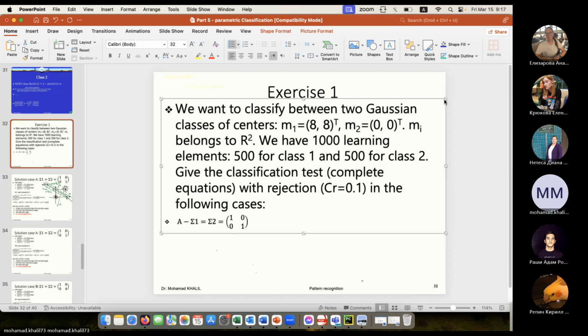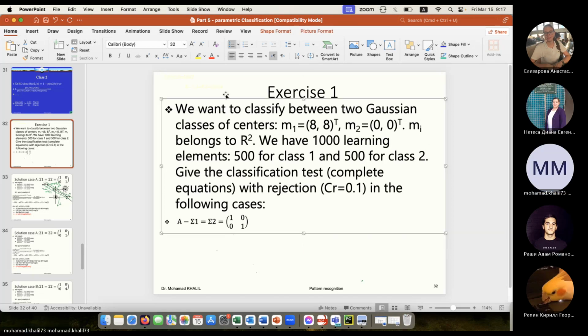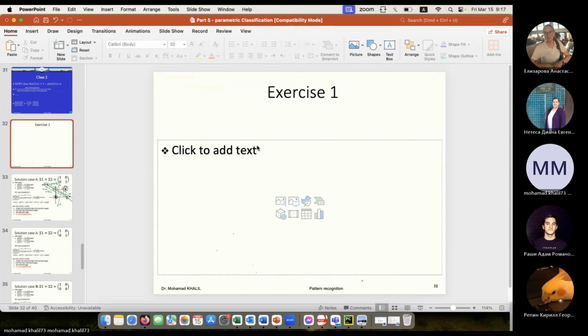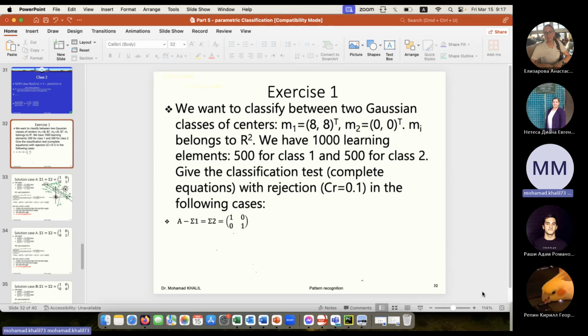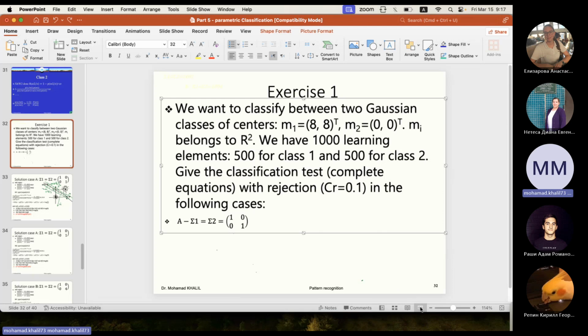Don't tell me that this is an image. Strange. Okay, it's an image. No problem. Remember that in the class you have this.